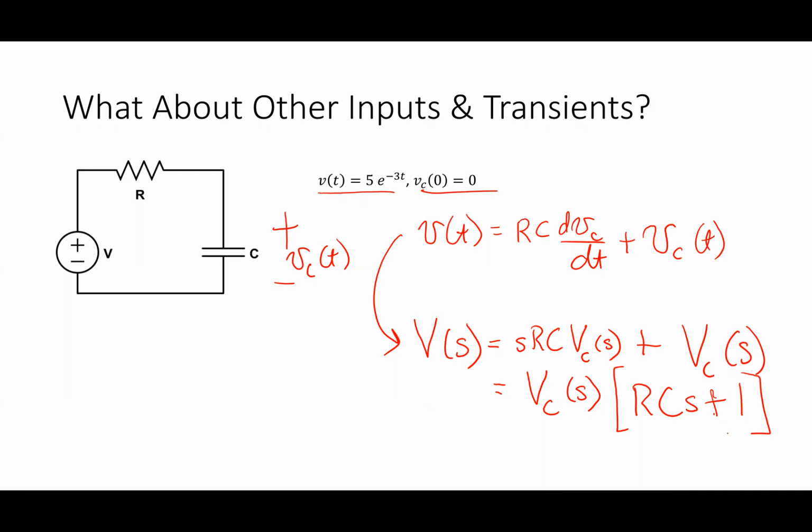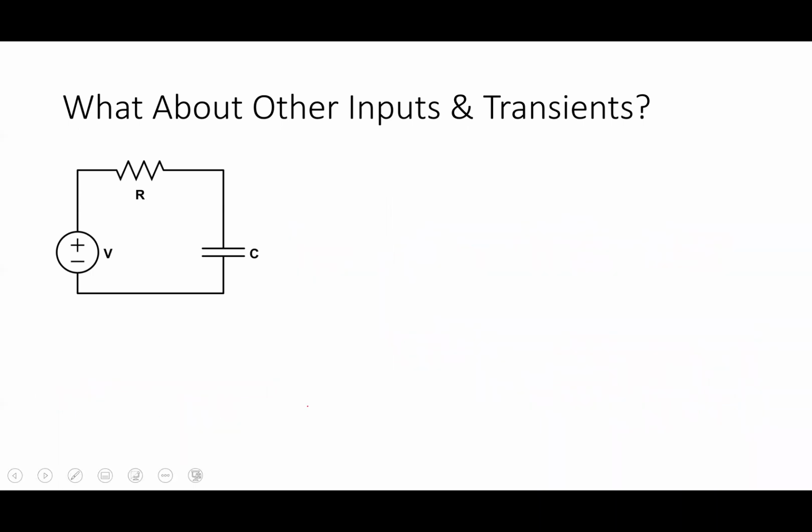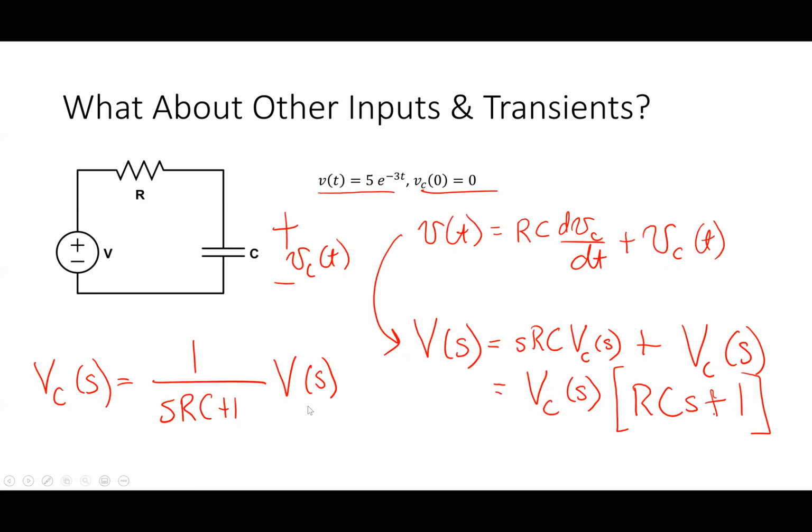So the way we rewrite this is, Vc of s equals what times what? Vc of s equals 1 over (sRC plus 1) times V of s, like that, right? Vc of s is 1 over (sRC plus 1) times V of s.